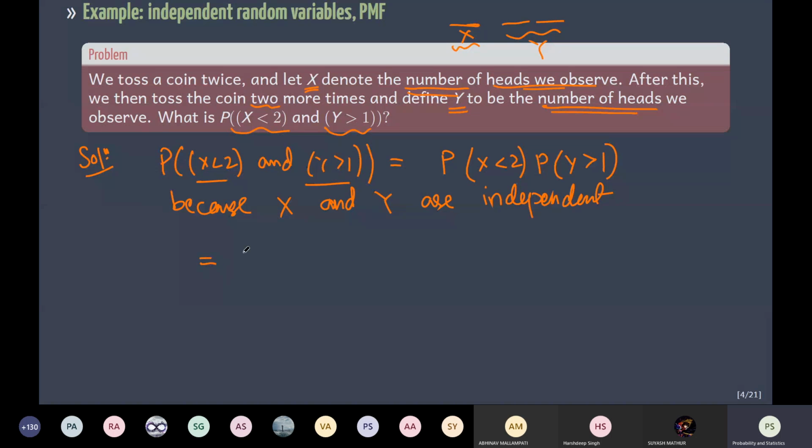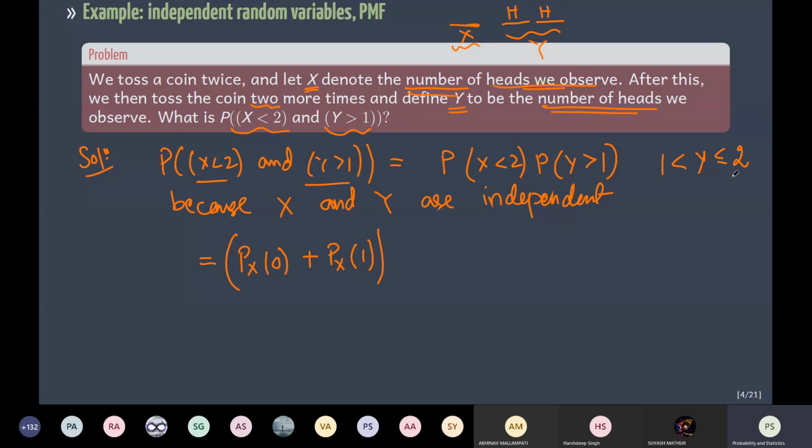Now the probability of x less than 2 is the same as the probability of x equals 0 plus the probability that x is 1. Okay, so we can write it like this. And then the probability that y greater than 1, which we are asking for, and we already know that y cannot be more than 2, because if you are doing the next two coin tosses, the maximum heads you can get are 2.